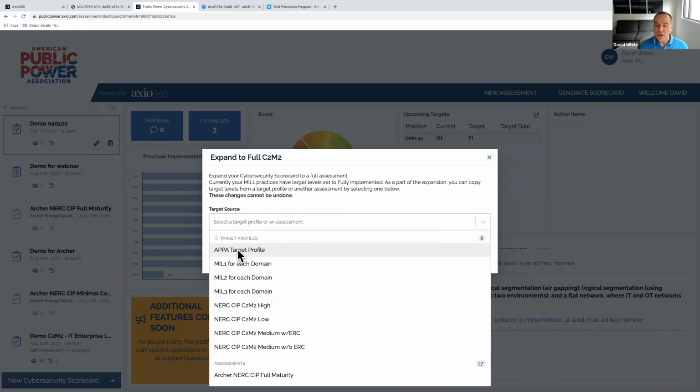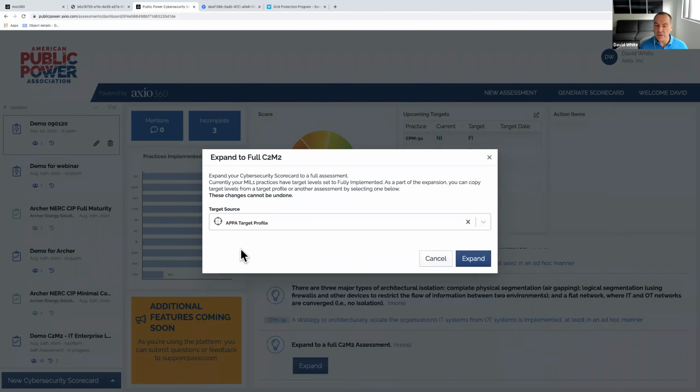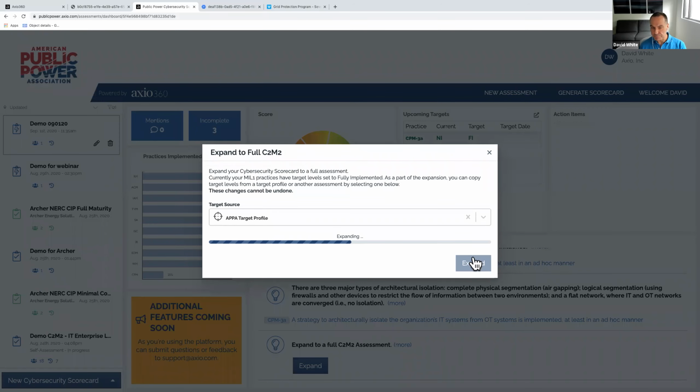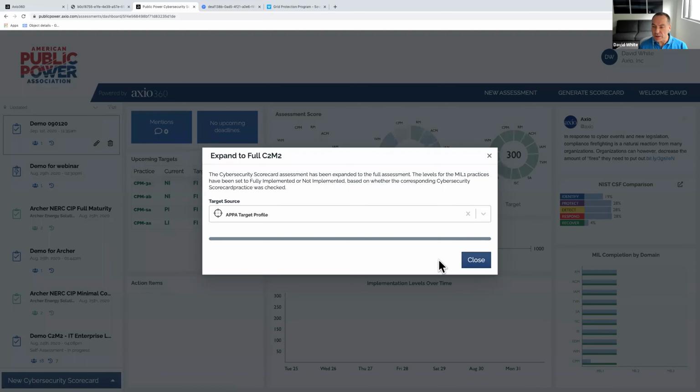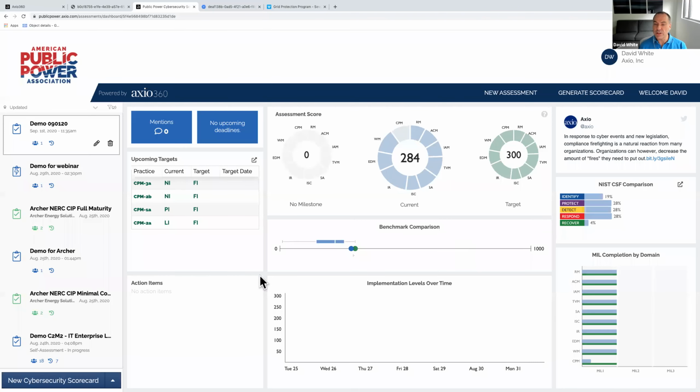So when you are ready to expand to the full C2M2, one of the options we have available for you in the platform is you can select that target profile, which is sort of the second stage. This is the recommendation from APPA for members that are now moving from the scorecard into the full C2M2. And if I select that and hit expand, one of the things you'll see is that now I have a different dashboard, right?